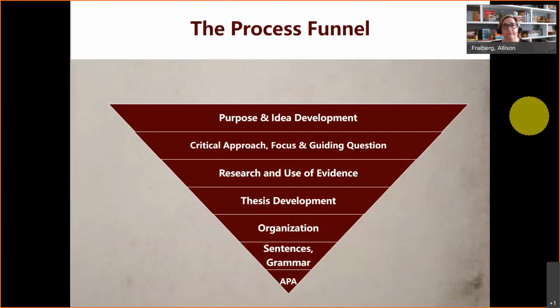where I always think that if you're trying to do multiple things at a time when you're trying to write, if you're worried about your thesis while you're worrying about your organization, while you're worrying about your grammar, while you're working with your idea development, you're going to get nowhere.